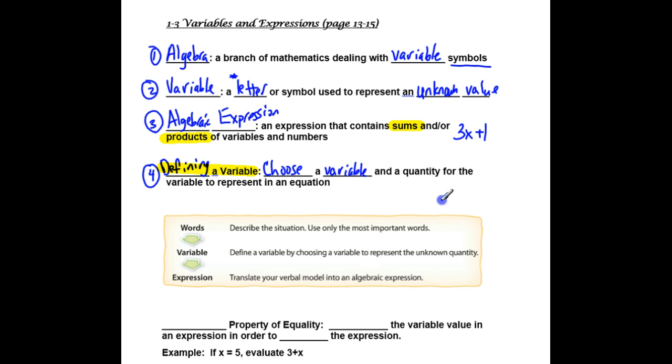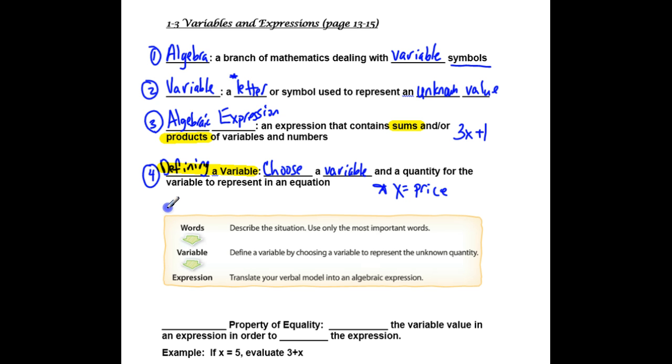So that might mean just saying that, hey, we're going to solve a problem that tells us how much every chocolate chip cookie costs. So x might equal the price of chocolate chip cookies. That's defining the variable, figuring out what the variable represents, and identifying that on your paper.